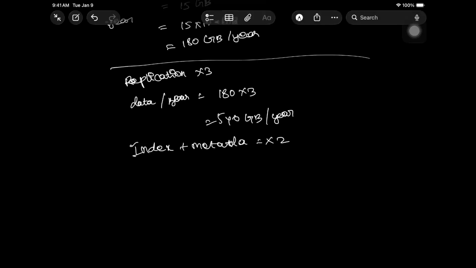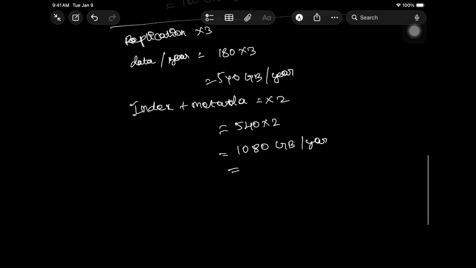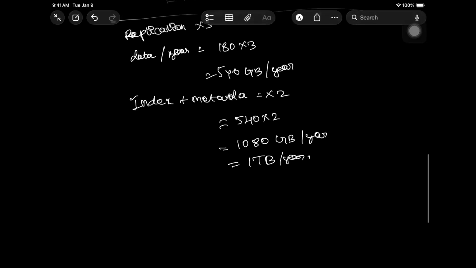Okay, so 540 into two would be 1080 GB per year, or 1 TB per year approximately.